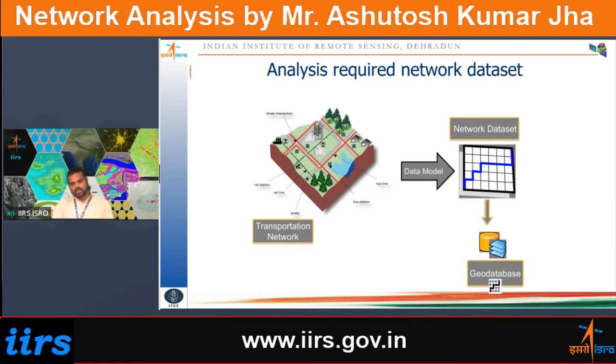But in some other cases, you have to make sure that whatever network data set you are building, each of those features is actually connected to your individual road segment. Most of the time, let's say if I want to carry out the analysis using QGIS, it is expected that your data set is topologically correct.